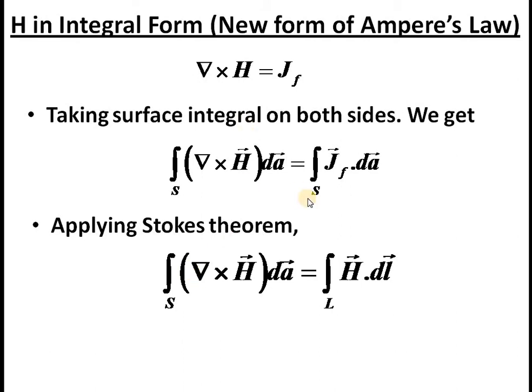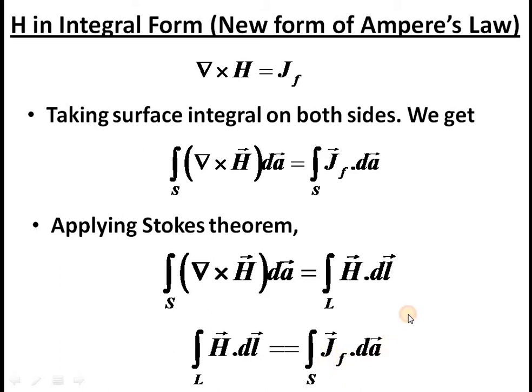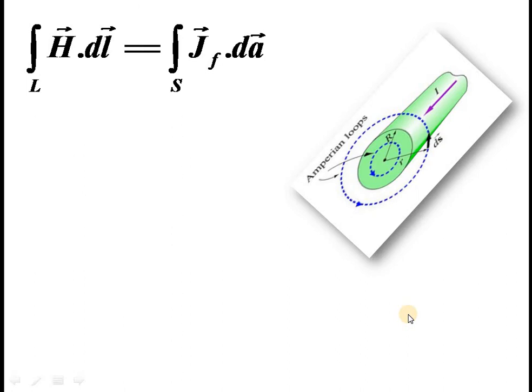Del cross H dA will give you a closed line integral. So we get a closed line integral H dot dl is equal to the surface integral JF dot dA.